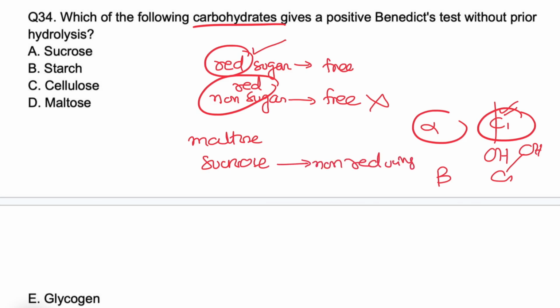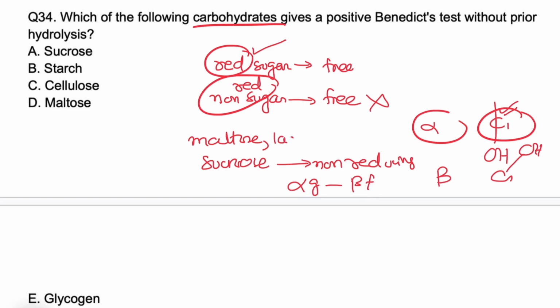Because when you form a bond between alpha glucose and beta fructose, you occupy both anomeric carbons. You make a bond between the first carbon of glucose and the second carbon of fructose, so both these carbons are occupied. The structure of sucrose doesn't have any free anomeric carbon, and that is why it is a non-reducing sugar. No free functional group, no free anomeric carbon. That is the reason it's a non-reducing sugar.